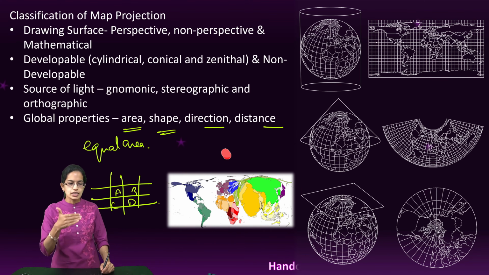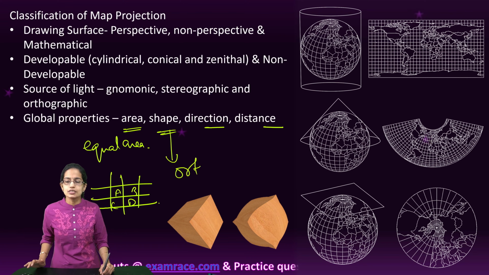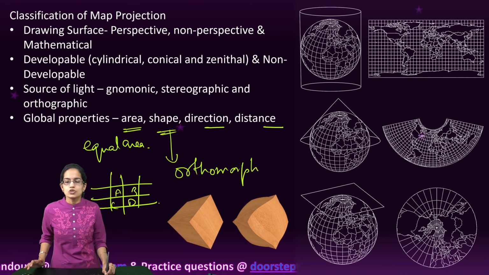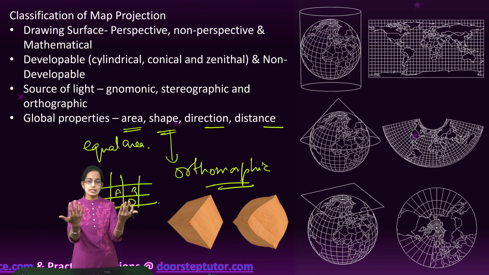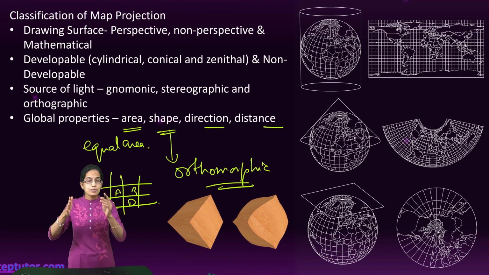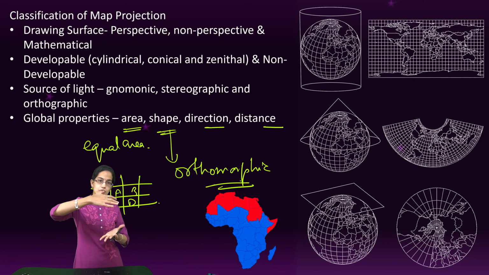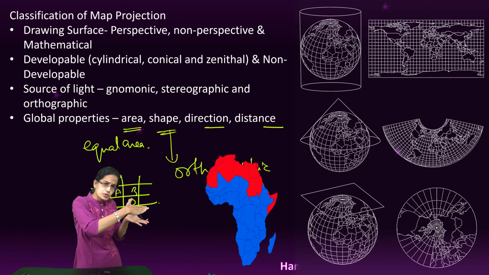The next one is maintaining the shape. As we already said, this is orthomorphic. So I am trying to best maintain the real shape of each of the continents. So let's say if my projections are too much diverted, the shape of Africa could get larger, the shape of Africa could get reduced.